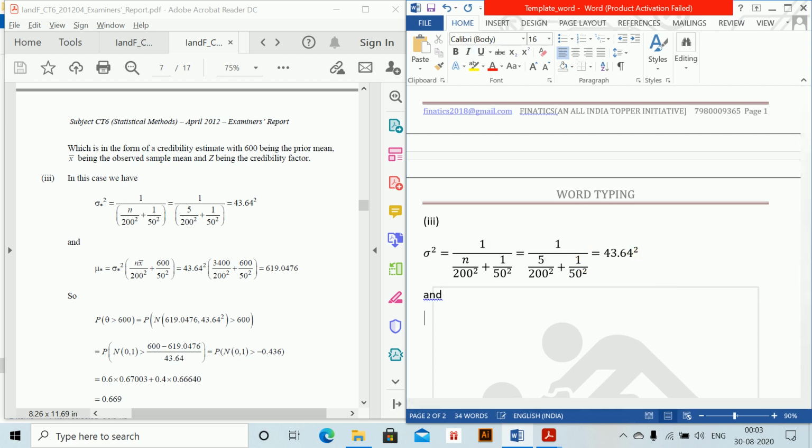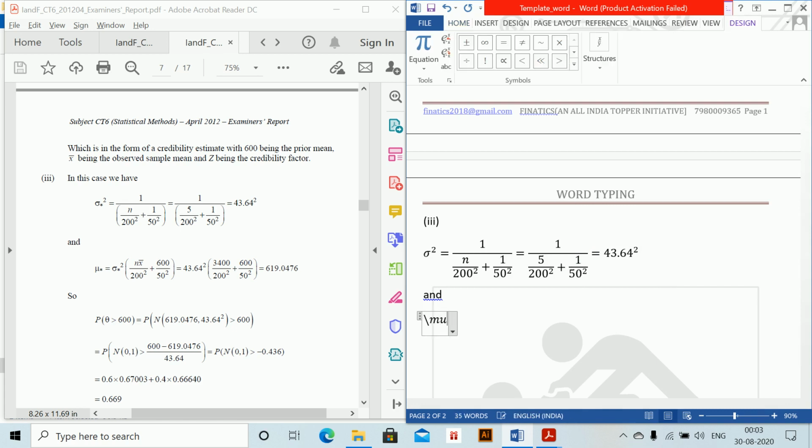Okay, and mu is equal to sigma squared times (n x bar divided by 200 squared plus 600 divided by 50 squared).